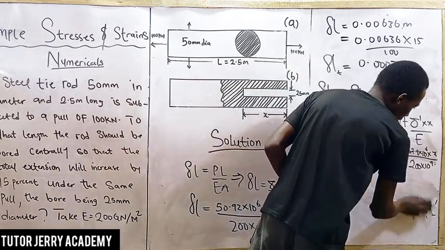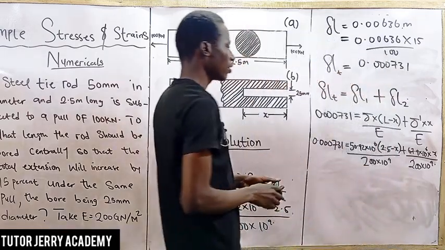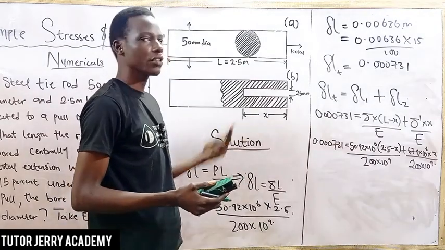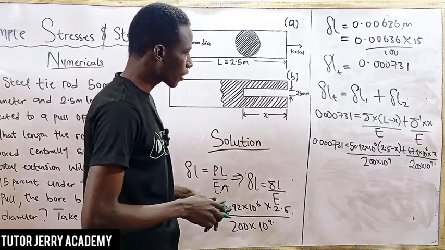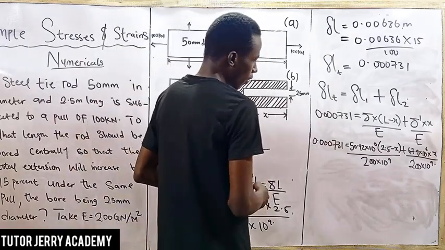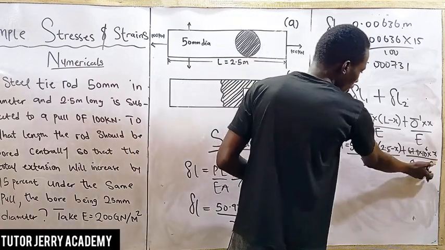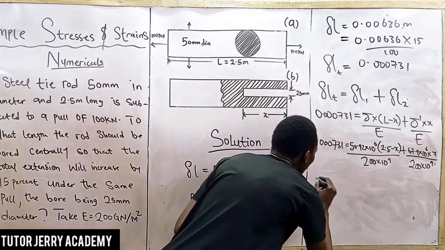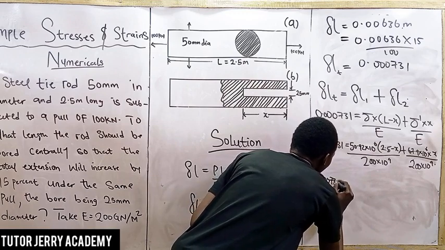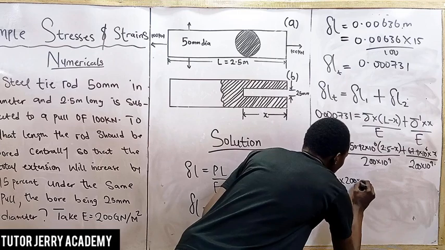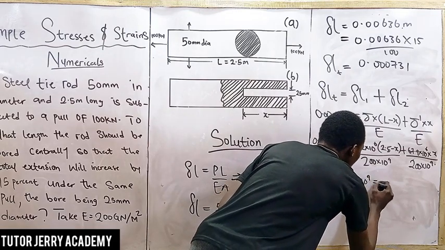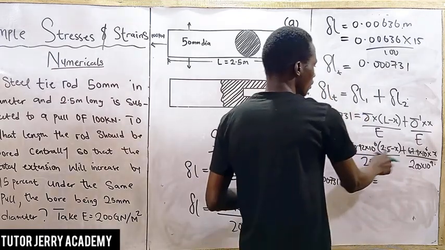So I can clean here. Now, what we just need is to find the value of x, of course, which is the length of this reduced section. To find the value of x, I can multiply through this equation by 200 times 10 to the power of 9. Also here we go. This equation will become 0.00731 times 200 times 10 to the power of 9 is equal to this plus this.